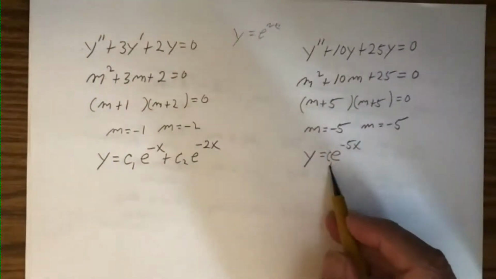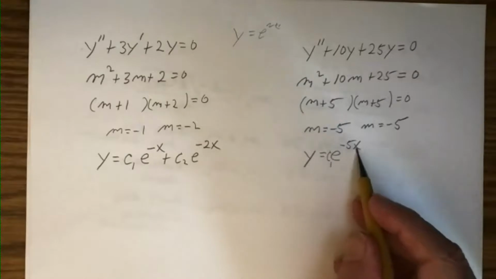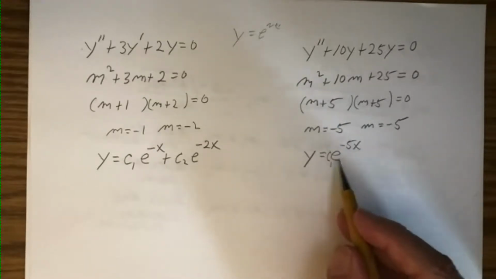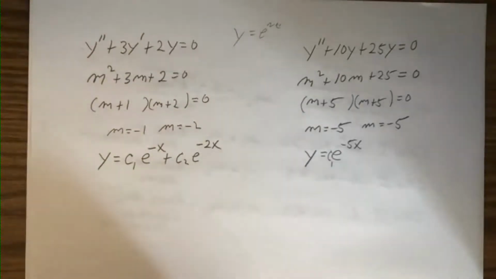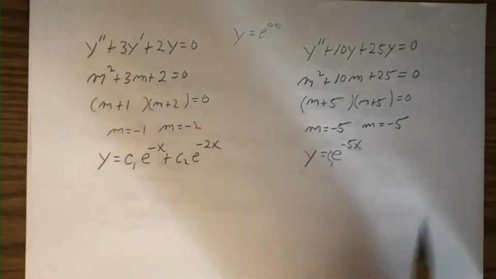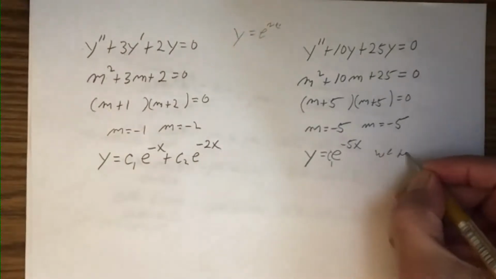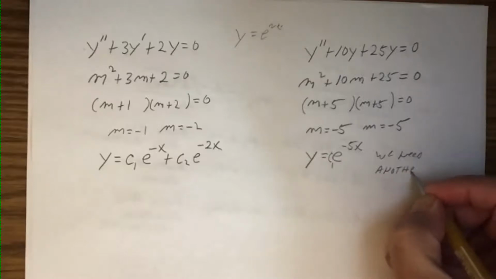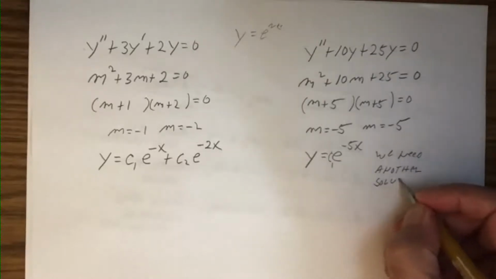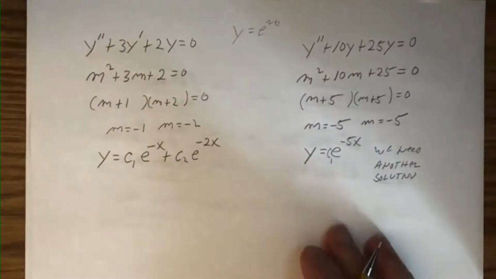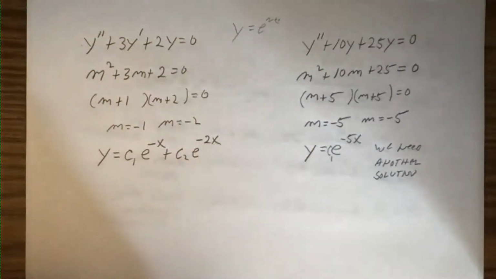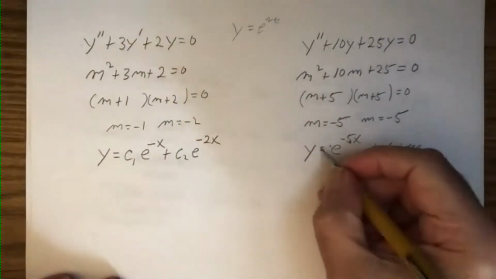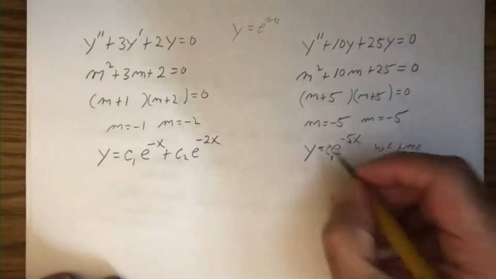Well, e to the minus 5x is a fundamental solution, and a more general one would be c1 times e to the minus 5x, right? So we need another solution. It turns out that the other solution, and I'll spend the time and show you, if we have repeated roots, it's as simple as this.